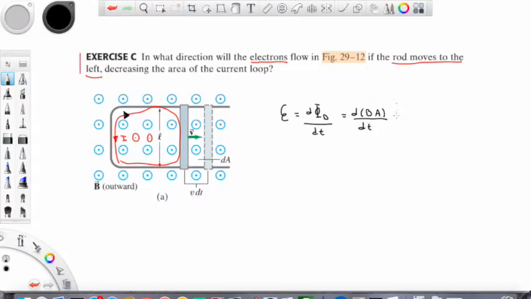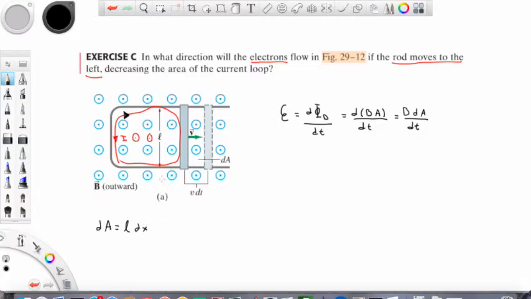The magnitude of the external field doesn't change, so it is constant, and then we have to evaluate the change in the area as a function of time. The change in the area is the product of the change of the dimensions of the loop. The vertical dimension L doesn't change. So we are only changing the horizontal dimension, which we can call dx.